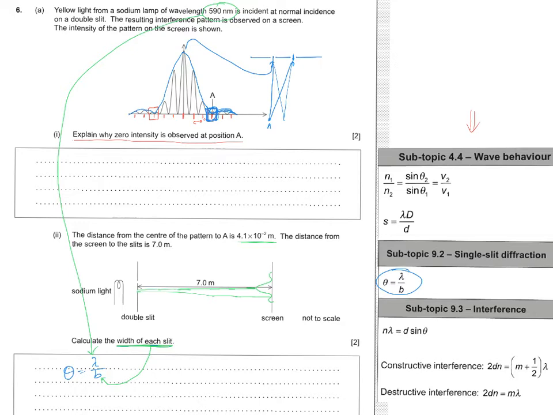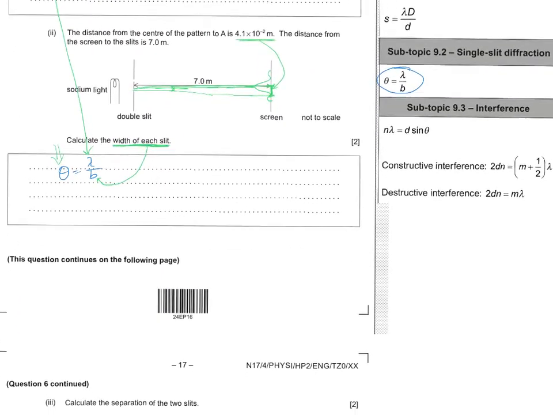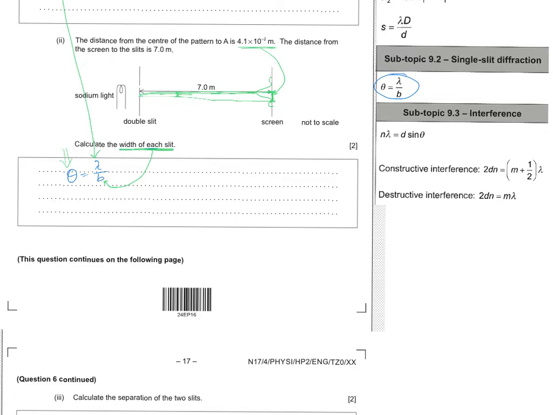So, therefore, with the distance away from the wall and with the distance from that center to A, which is what's given here, you should then be able to calculate the angle. Once you have the angle, that angle will go here. All right? And so you put that angle in, you've got lambda, you should be able to solve for b. Okay? That, of course, depends on the single slit.